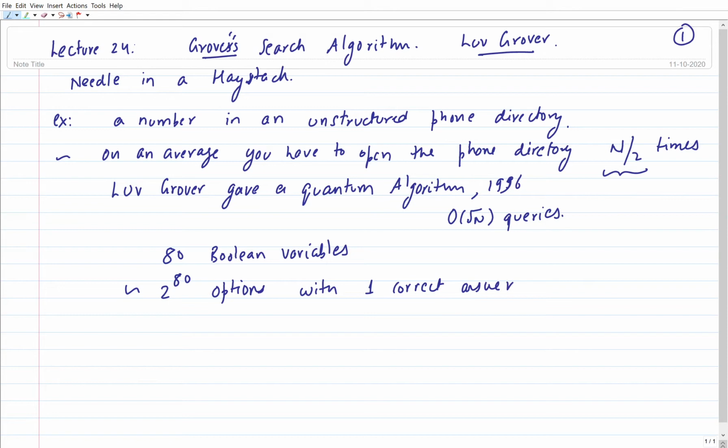Classically you might need 2 to the power of 80 by 2, n by 2 queries. Grover found an algorithm where you can do away with 2 to the power of 40 queries.